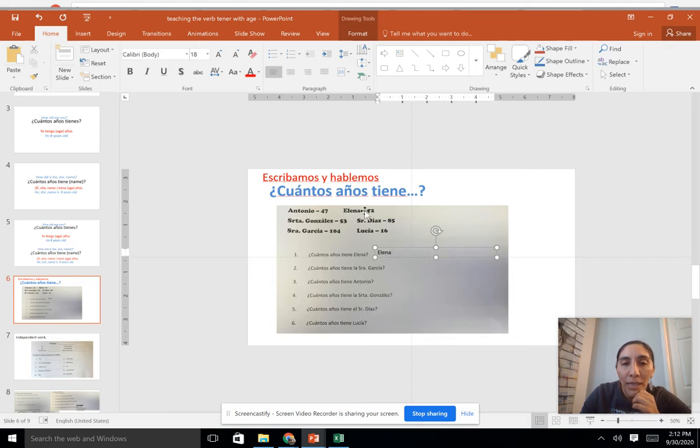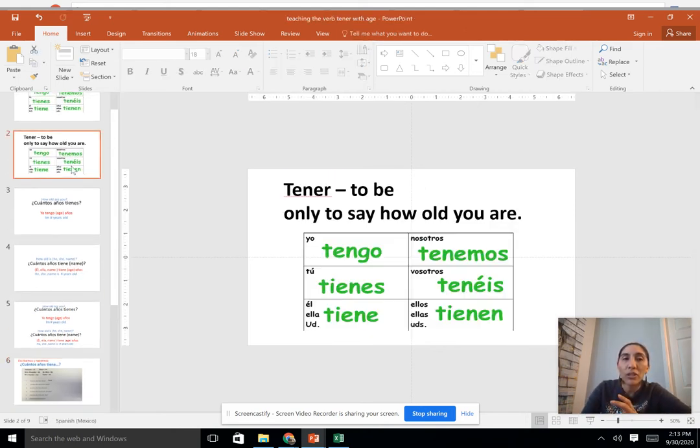I go here and I find how old is Elena, and I see the number 72, right? So that means that Elena is 72 years old. How would I say that in Spanish? Well, simple. Elena is my subject, and Elena is the name of a girl, so that means it's she.